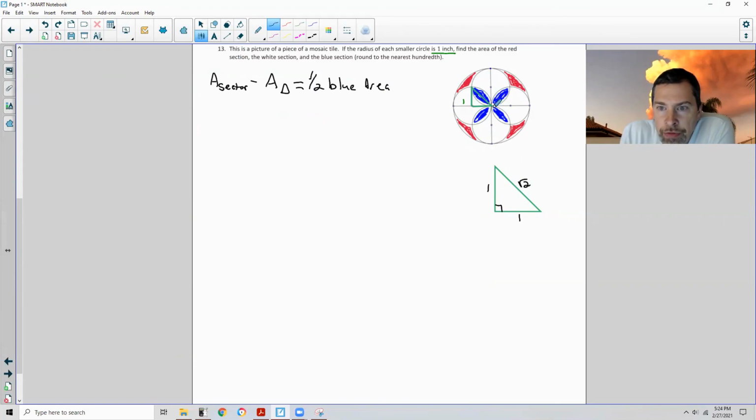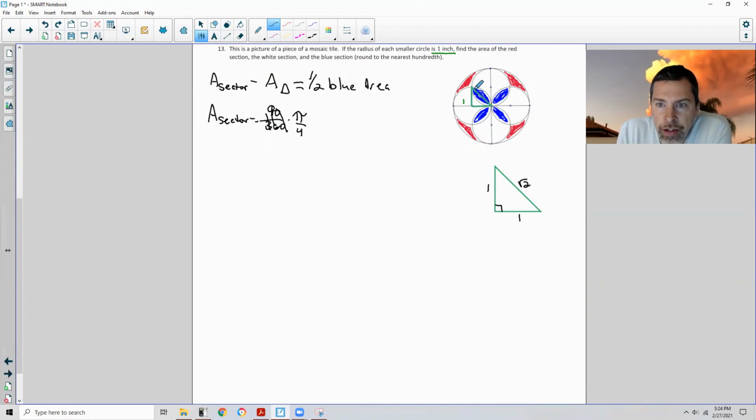So the area of the sector is central angle divided by 360 times pi r squared, which is just simply pi, because 1 squared is 1. 90 divided by 360 is 9/36. 3 goes into 9 3 times, 3/12, 9 times 4 is 36, so it's pi over 4.